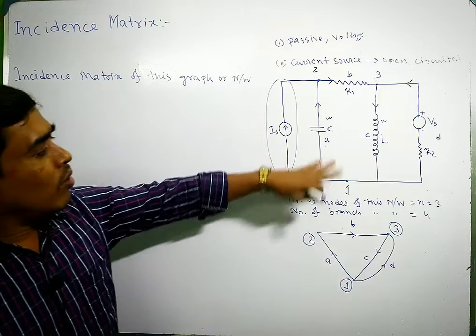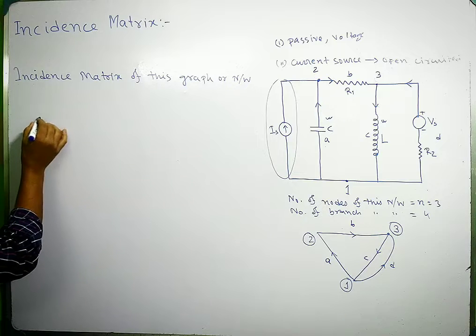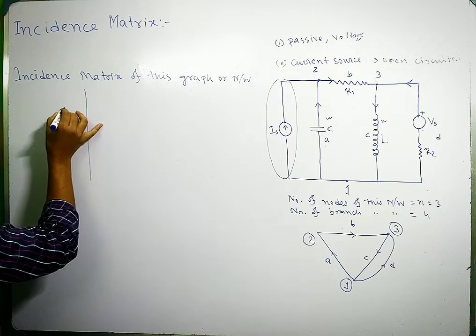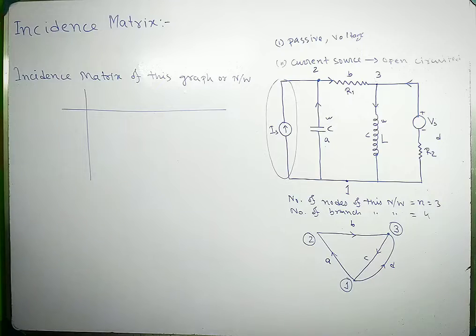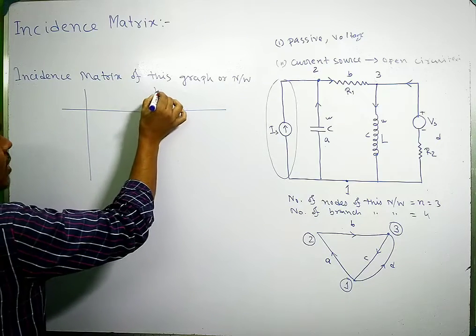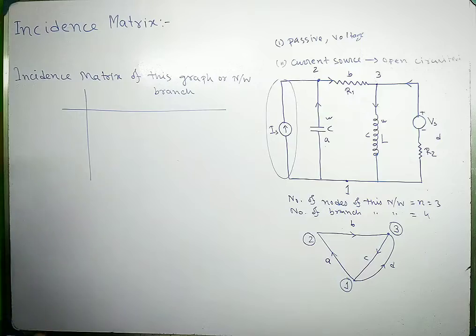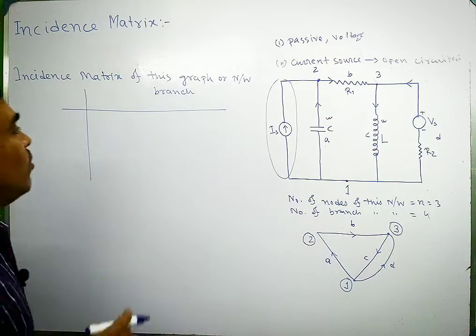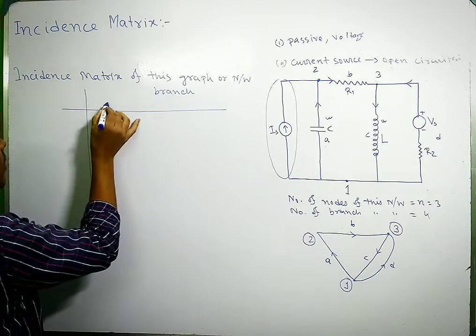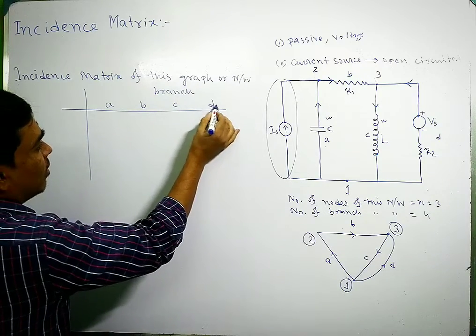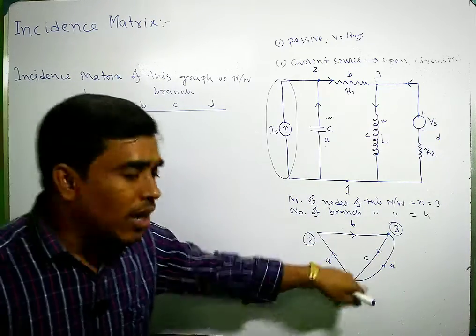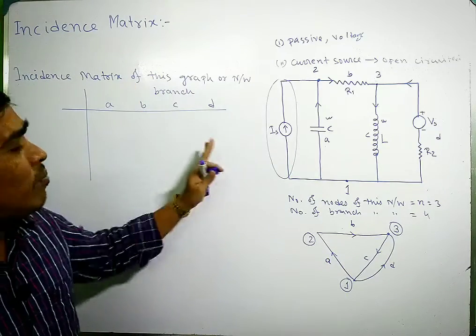There must be columns and rows in the matrix. The branches of the graph will be the columns of this matrix.